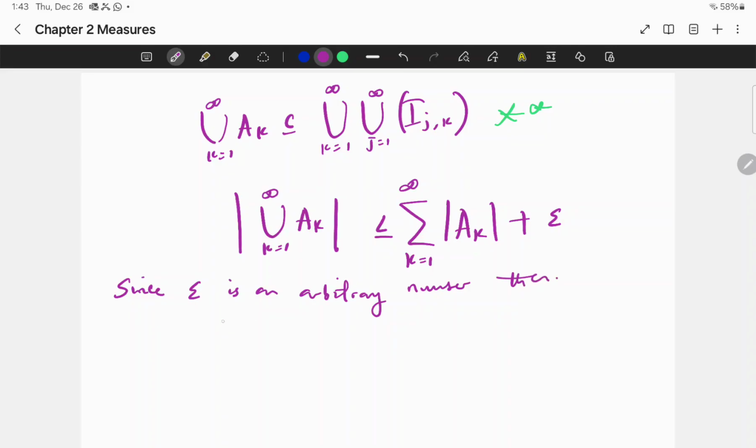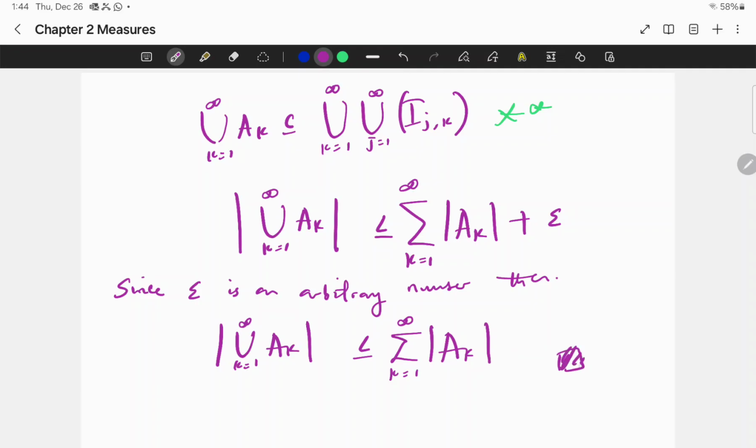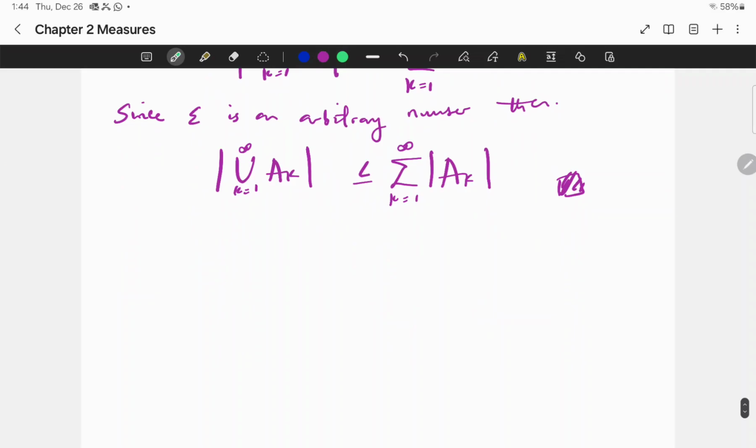then we have the outer measure of the union of A_k, k equals 1 to infinity, is less than or equal to the summation of the outer measure of each A_k. So that's what. So that means what?